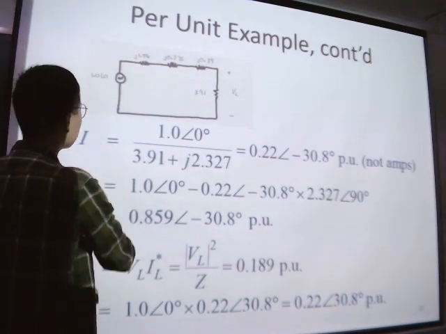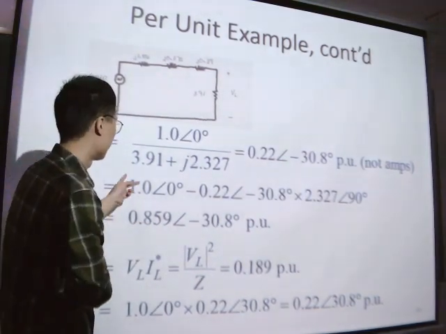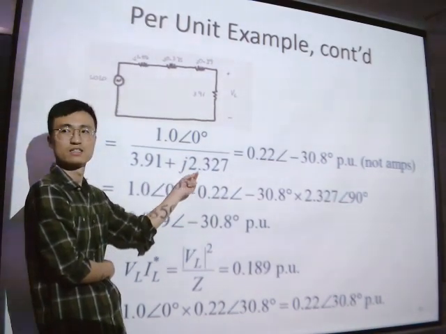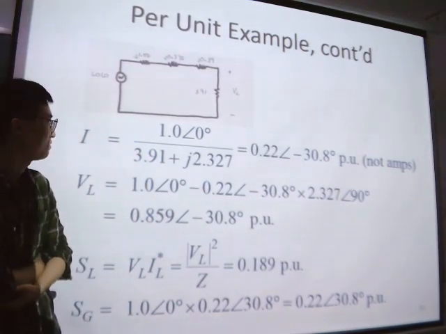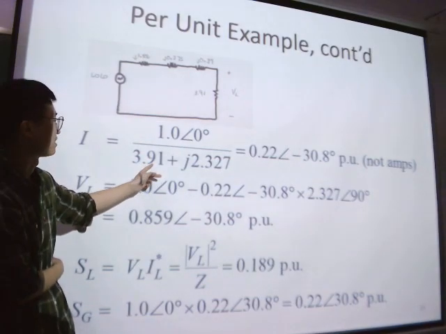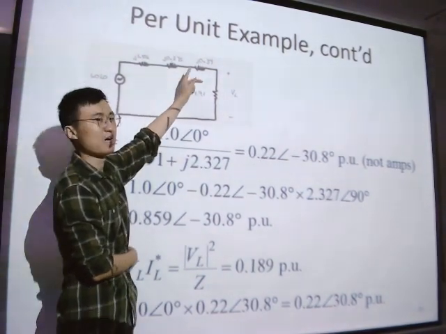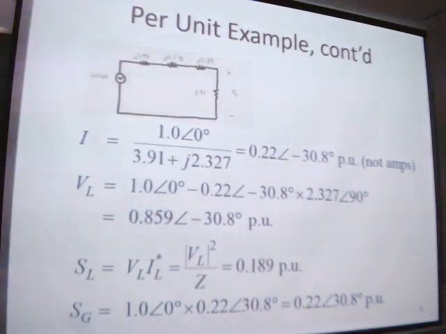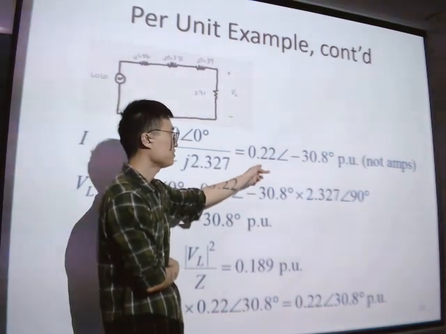For this, the orange, red. How about this? We sum up the 0.56 and the 3.91 here, and for this, we add them up, and we can get this value.